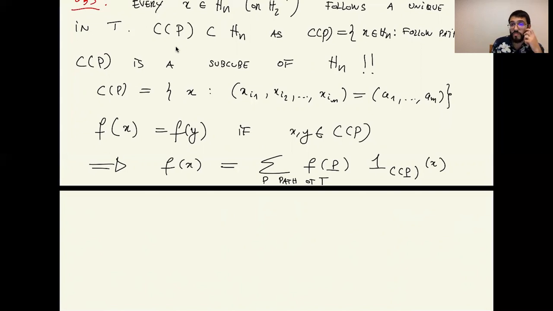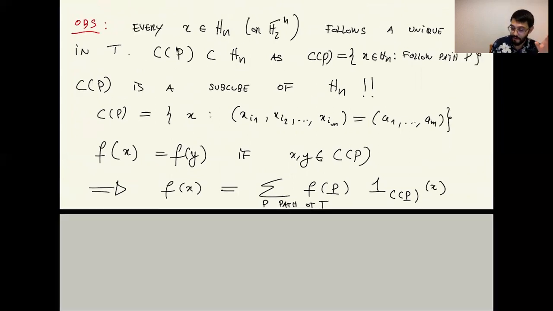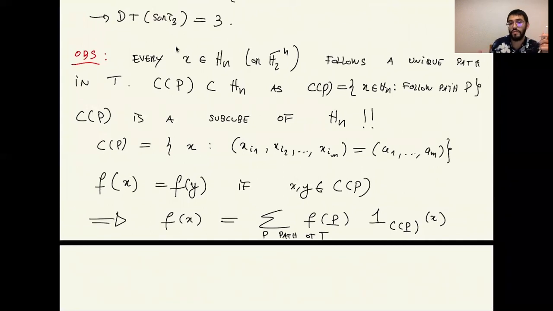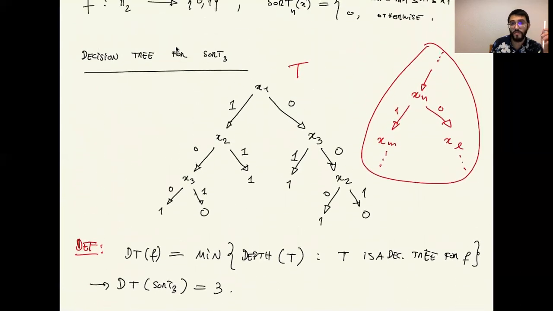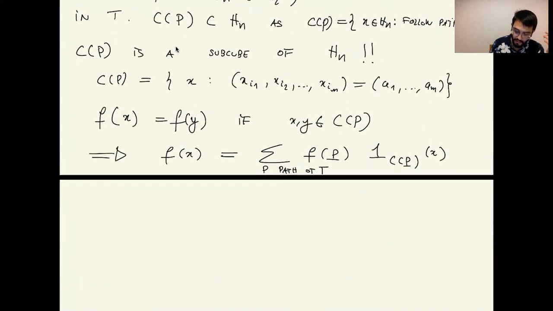That is some sort of complete reduction of your function, because you know exactly what the values of f of P have to be in those cubes, and that's the only thing you need to know. So computing the decision tree for a function is very useful computationally to actually compute your function.